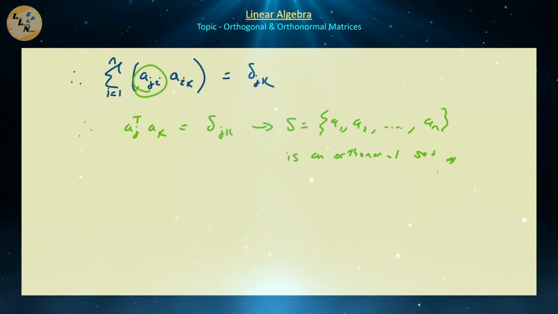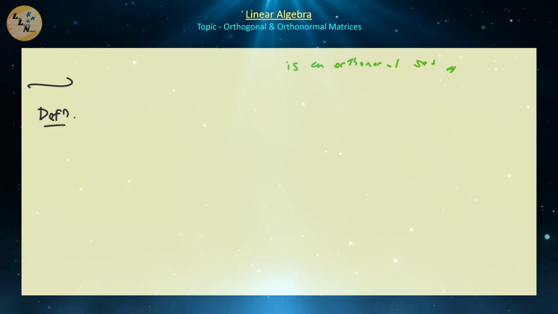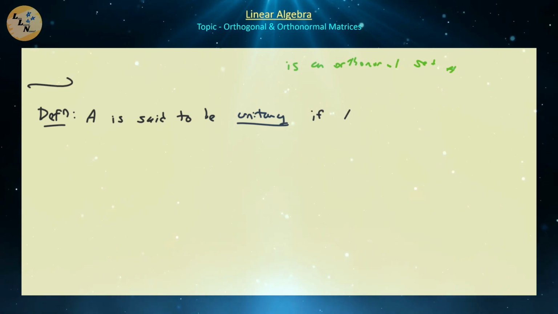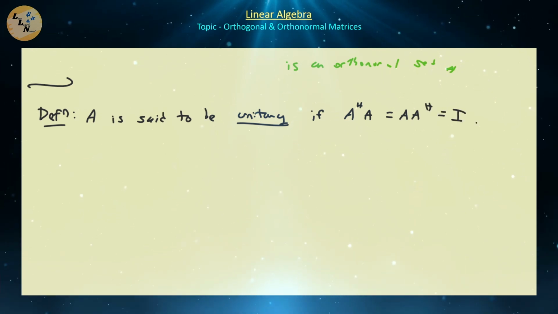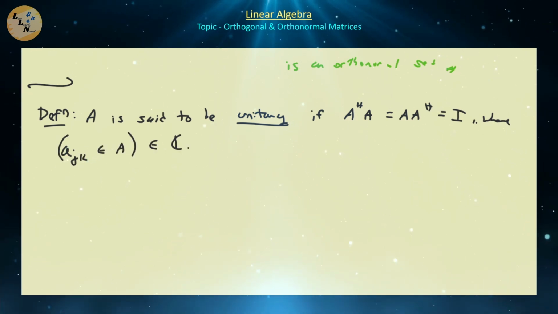Now, the last thing that I want to do today is define another type of matrix, and this matrix is called a unitary matrix. A is said to be unitary if A Hermitian A is equal to the identity, where the elements a_jk belonging to the matrix A belong to the complex set.